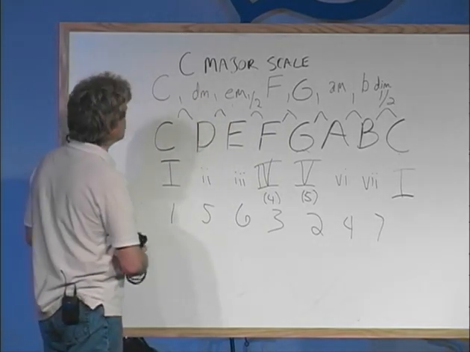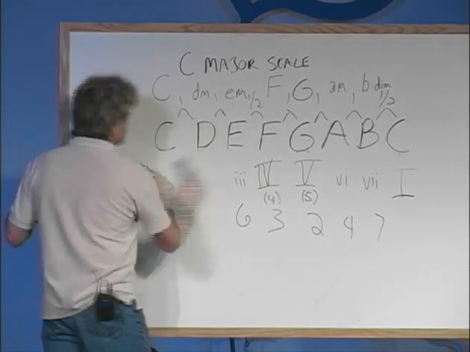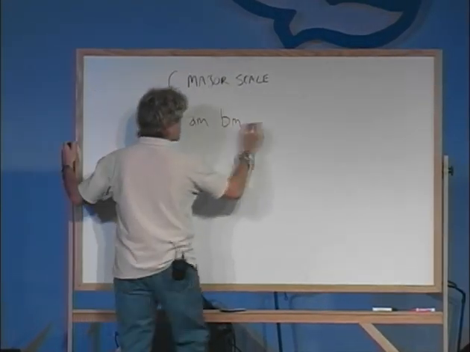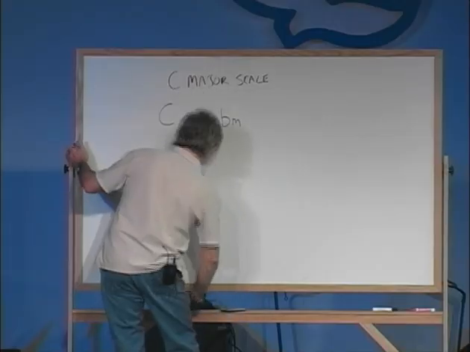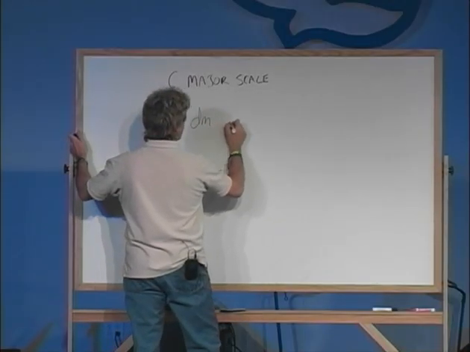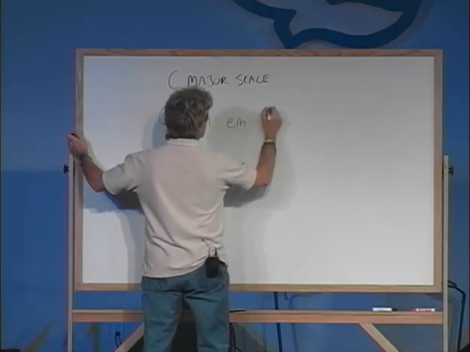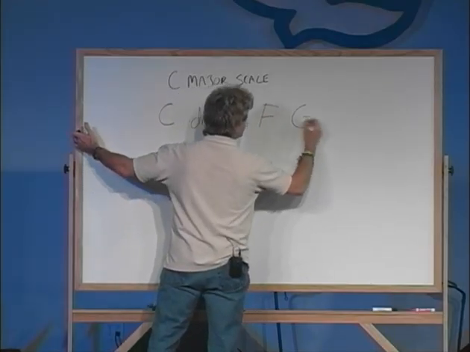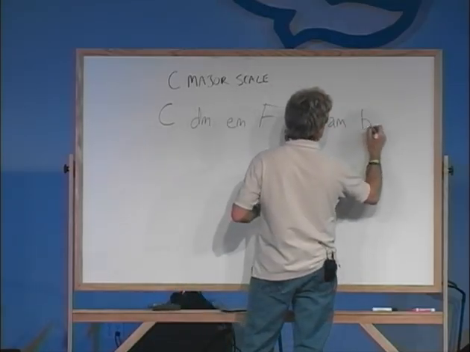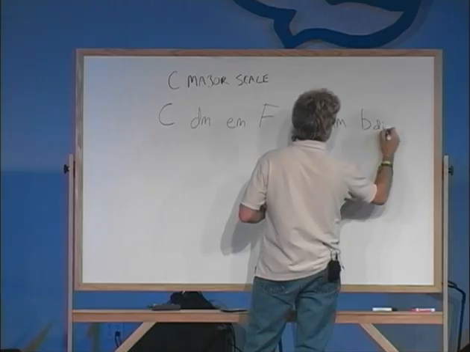Now, let's apply what we've learned here to a couple of other keys so that you can see. You know what? I'm just going to redo this whole thing. It's almost coffee time. C, D minor, E minor, F, G, A minor, and B diminished.